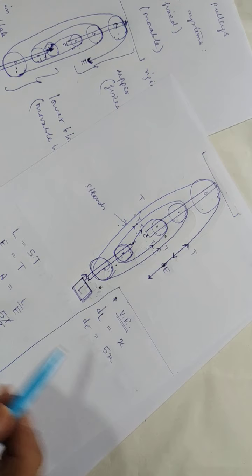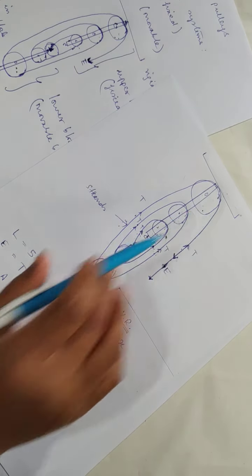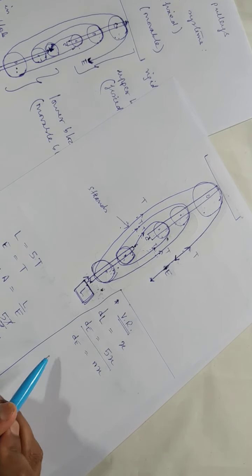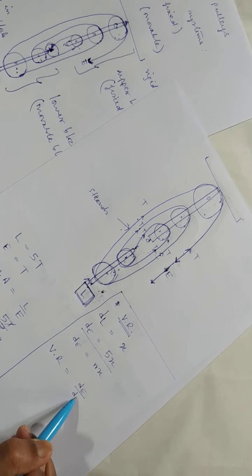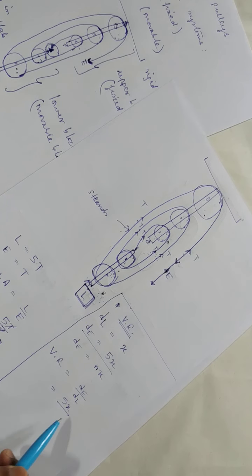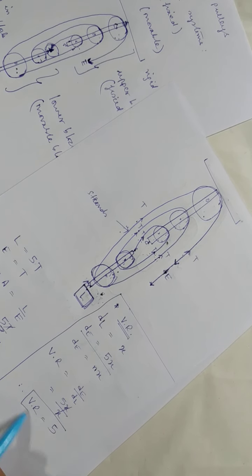Otherwise, if there are n pulleys, then the distance of the effort will be nx. But here n is 5, so it is moving by 5x. So the velocity ratio is the distance of the effort by the distance of the load. Distance of the effort is 5x and the distance of the load is x. Therefore, we find that the velocity ratio will always be 5.